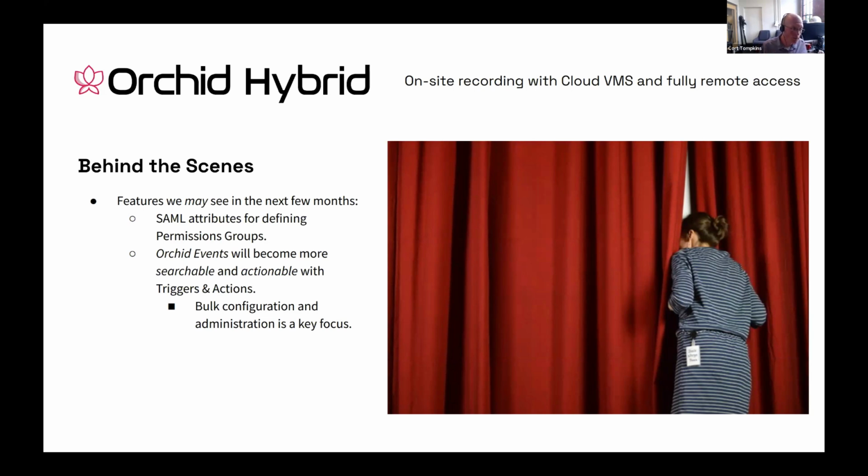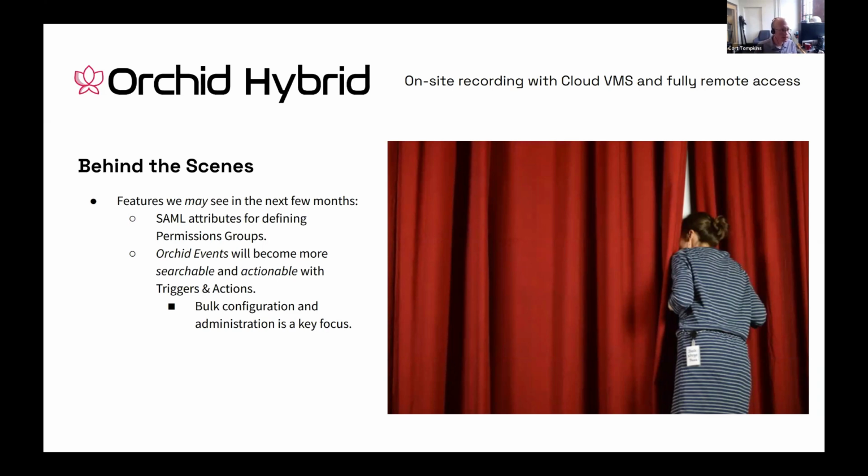And again, in the 24.9 release, in probably several releases to come, not exclusively, but our big focus is going to be making Orchid events more searchable and more actionable with triggers and actions. And really the key focus for us moving forward is making bulk configuration and administration a key focus.